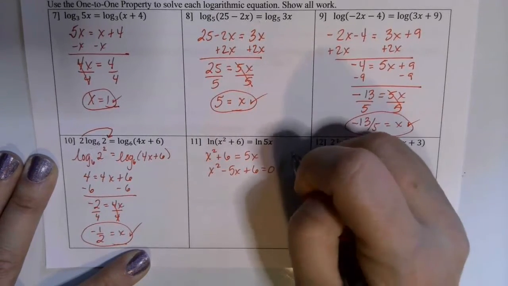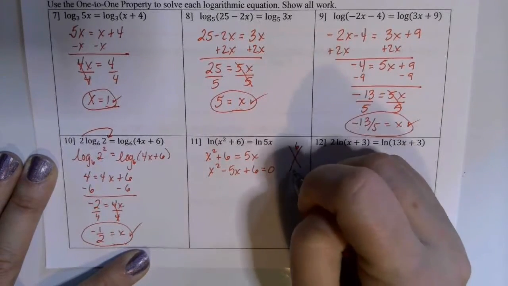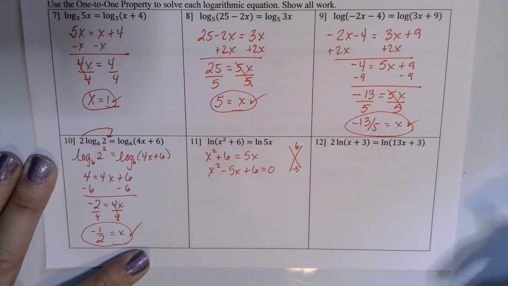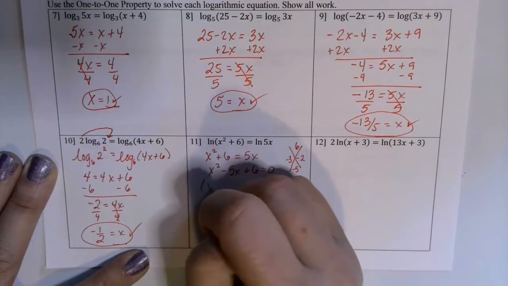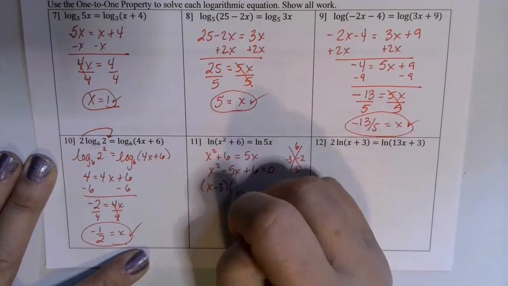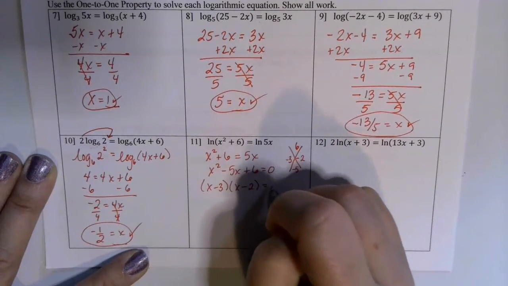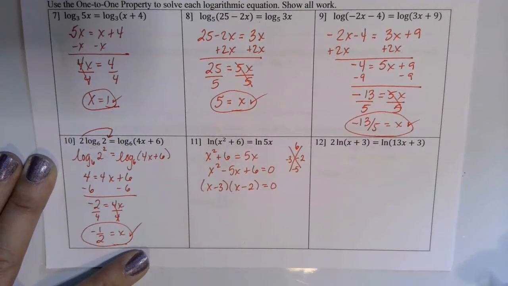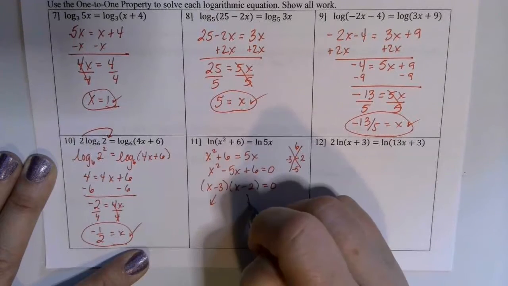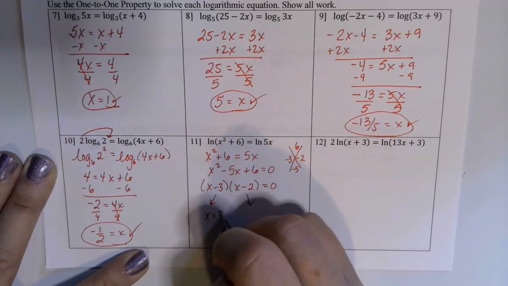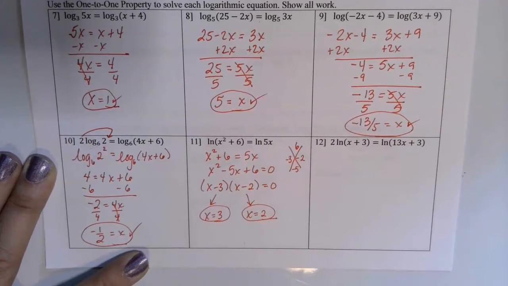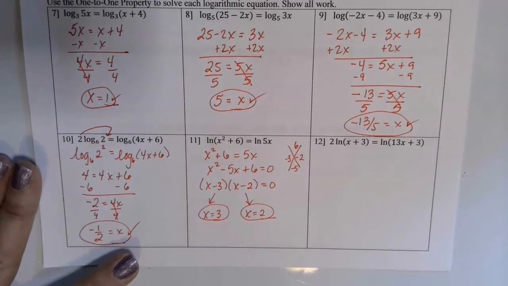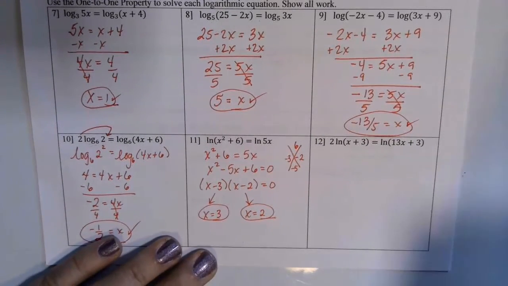So we're looking for factors of 6 that add to equal negative 5, which would be negative 3 and negative 2. So x minus 3 times the quantity x minus 2 equals 0, and we'll use the zero product property to set each factor equal to 0 and solve for x. So we get x equals 3 and x equals positive 2.